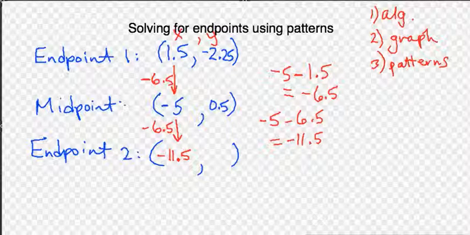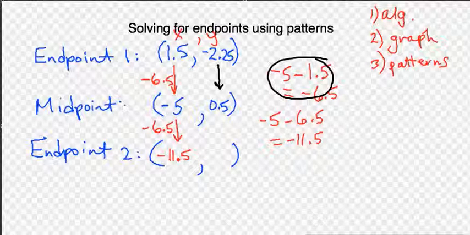Okay, now we're going to do the same idea for the y's. How do we get from -2.25 to 0.5? Well, the same idea is right here. We're going to do 0.5 and take away -2.25.